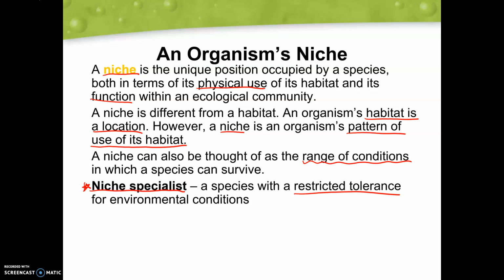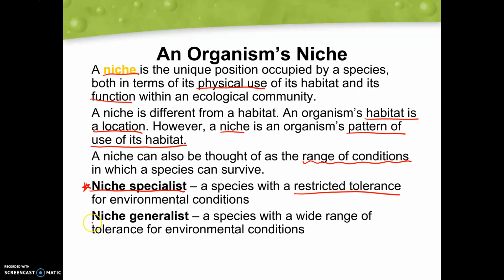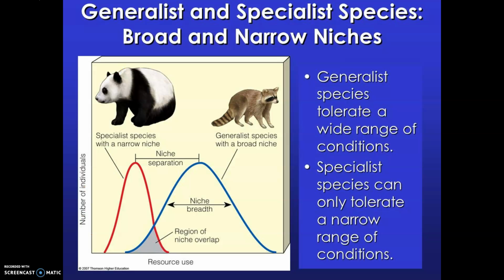If there's a large change in a certain environment, these organisms probably won't be able to survive as well, unlike a niche generalist, where they can tolerate a wide range of environmental conditions. Even if there is a large change, there's a possibility that the organism who lives in this niche is going to be able to adapt very easily to those changes.